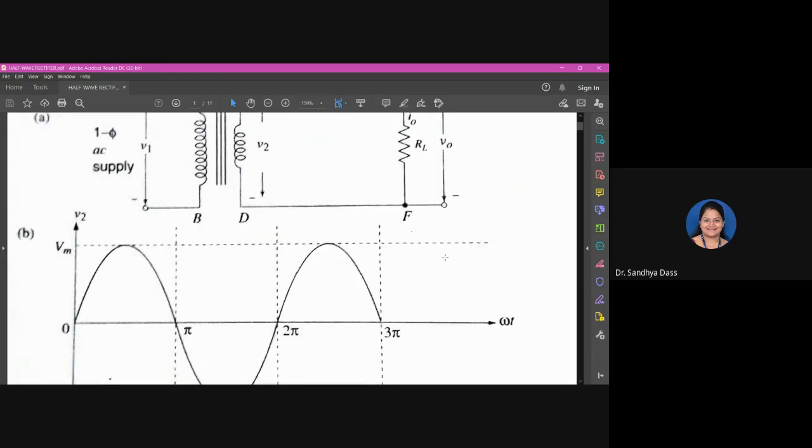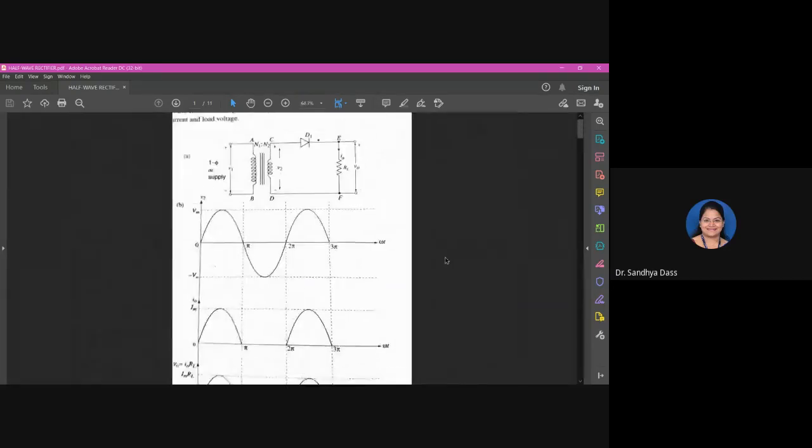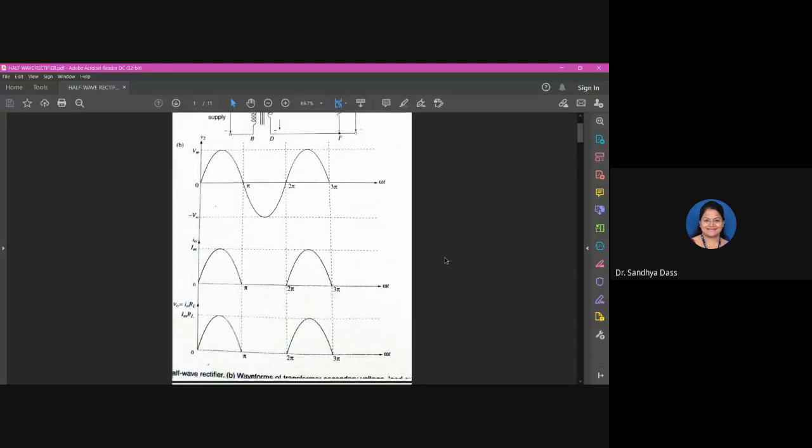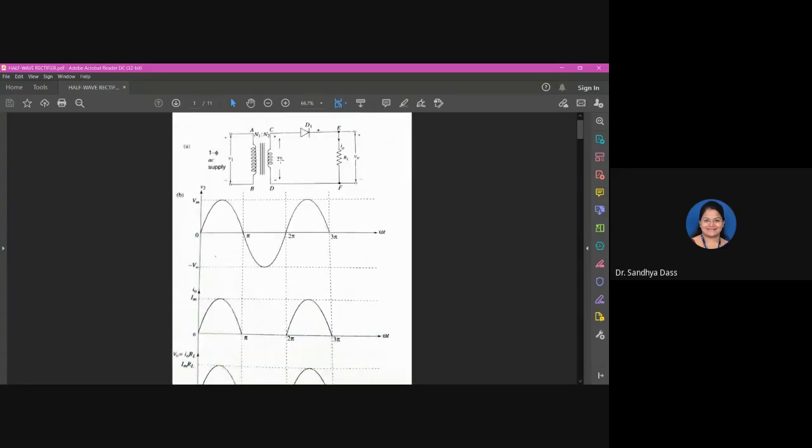So typically this will be the output waveform you expect from the half-wave rectifier. This is your input, which is the instantaneous secondary voltage, the voltage across the secondary of the transformer, which is the input to the half-wave rectifier circuit.